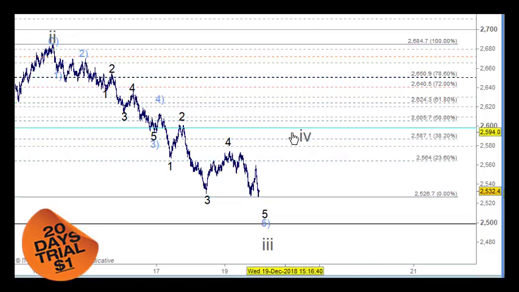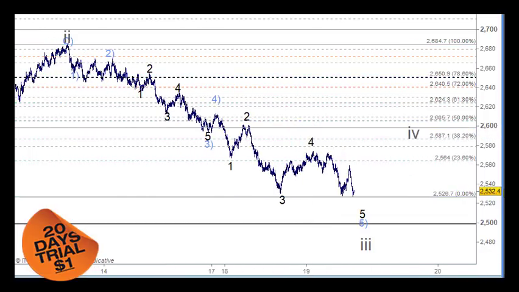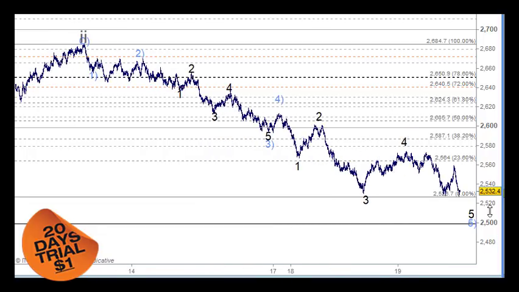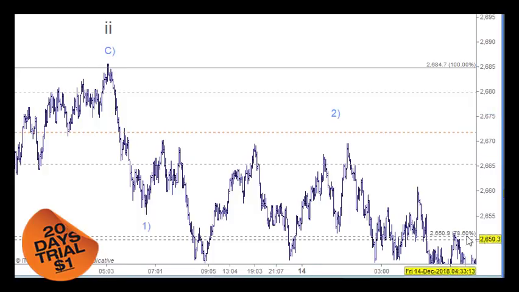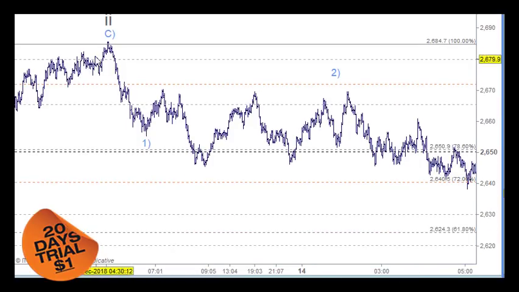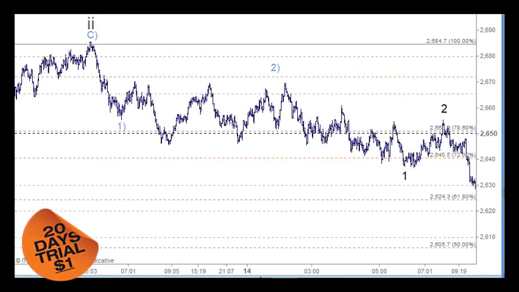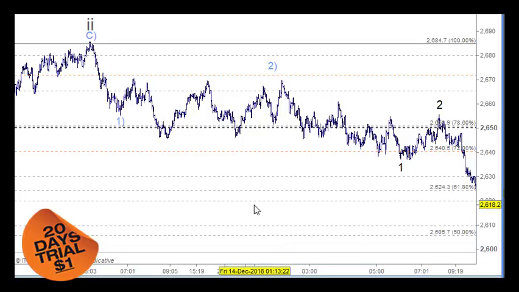So pretty much retesting. The only problem I've got with this count here, by the by, just for people that want to get into a bit more detail, is this situation here. I can count 5 waves down here, but then all of this is wave 2 over here, which makes it a little bit complicated, and I don't know if that's the case here.